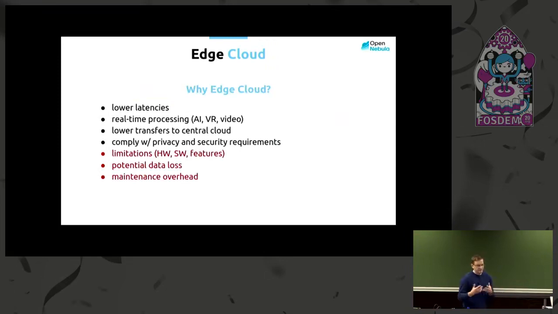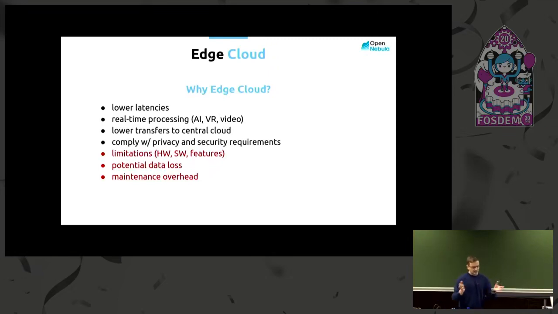The benefits are lower latencies, and new features which these lower latencies allow. Some preprocessing can happen in the edge cloud, so the data sent to the central cloud is much lower, or there can be a need due to security or privacy reasons.